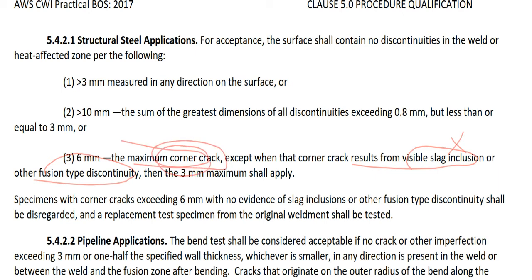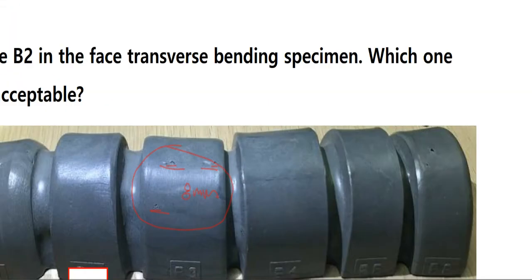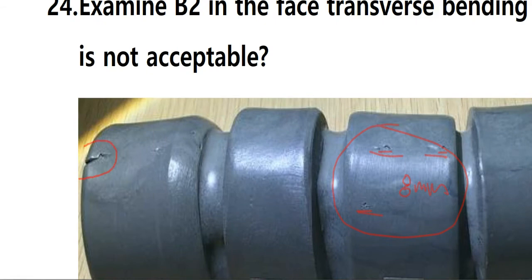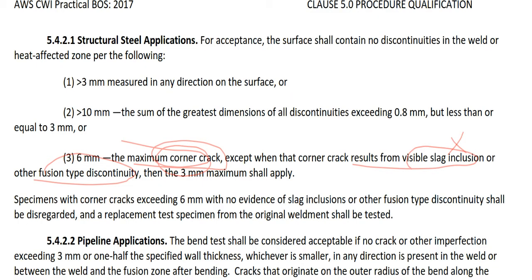Corner crack looks like this. This is corner crack. Measure this corner crack length, and if it is 6 millimeter or bigger than 6 millimeter, then the corner crack is rejected. But if in the question you see visible slag inclusion and fusion type discontinuity, the criteria becomes 3 millimeter.